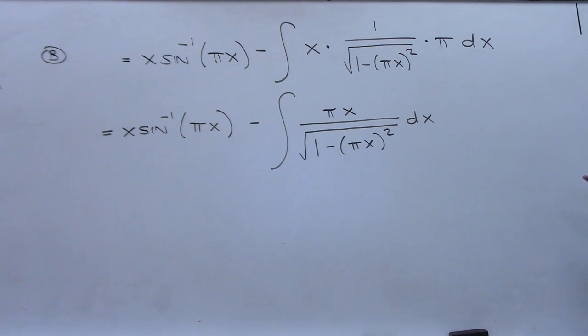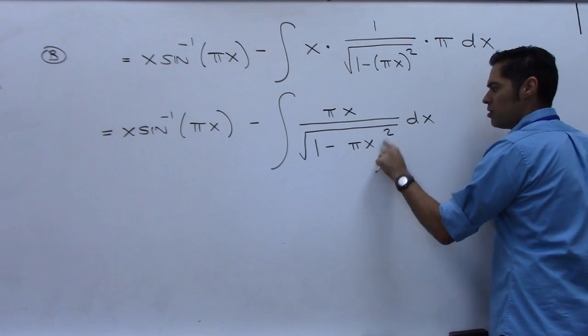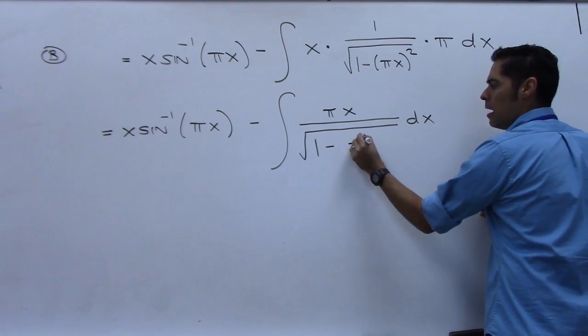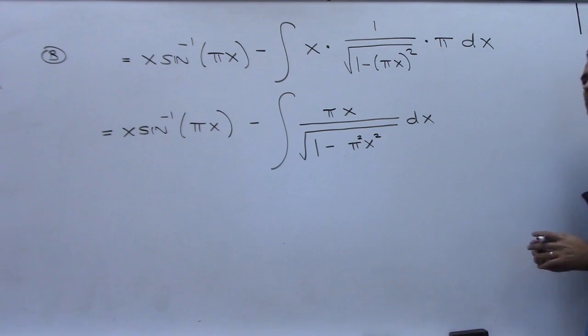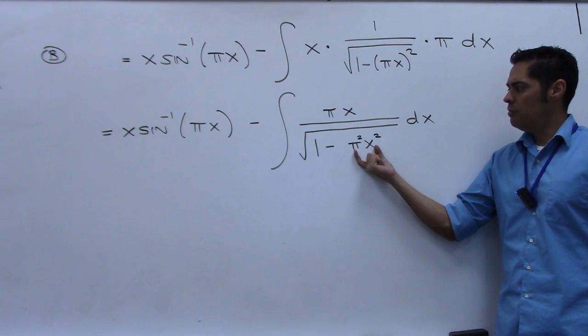Just a basic u sub. Let me actually square this. So what happens if you square pi x? Pi squared x squared, right? What is the basic u sub that you see? Pi squared x squared is your u.